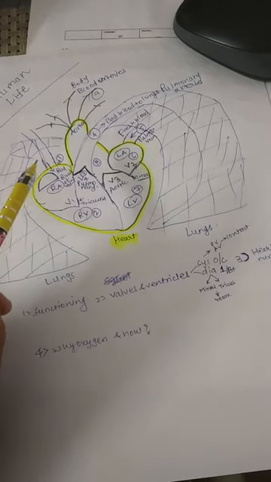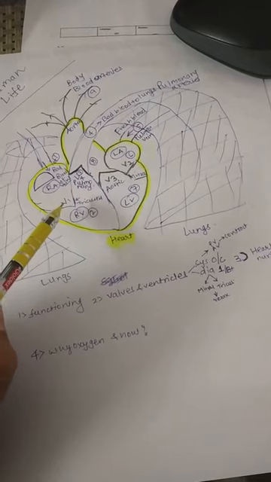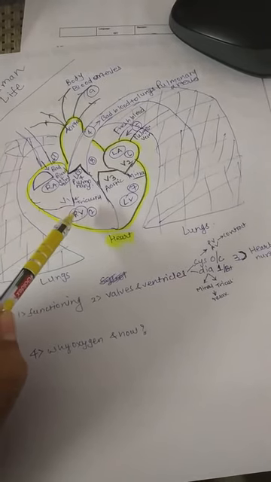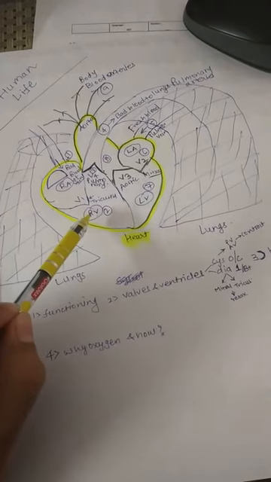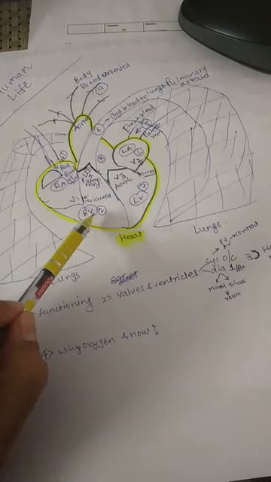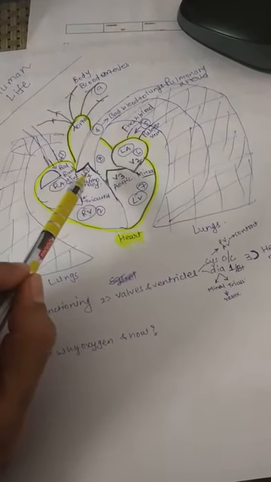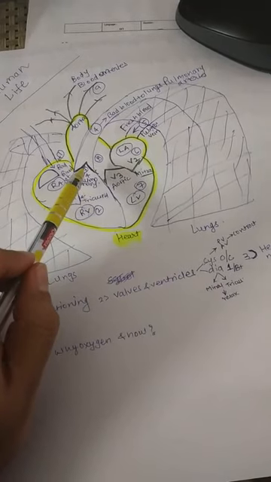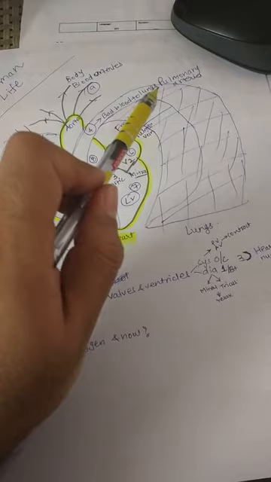So the poor blood comes through the right atrium, the valve opens and it comes to the right ventricle. We'll discuss the valves later. Now this bad blood is pushed through the ventricle on the right side through the pulmonary valve, which is here, and then this bad blood enters the lungs.